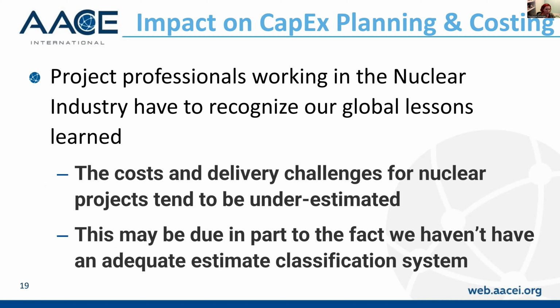We have to recognize that we have some lessons learned. The cost and delivery challenges for nuclear tend to be underestimated. Again, I'm probably not surprising anybody by saying that. And that's due in part because we haven't had an adequate estimate classification system.